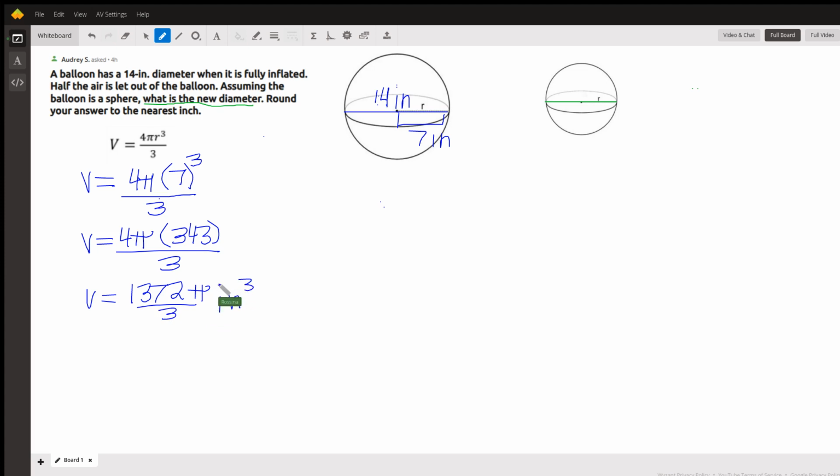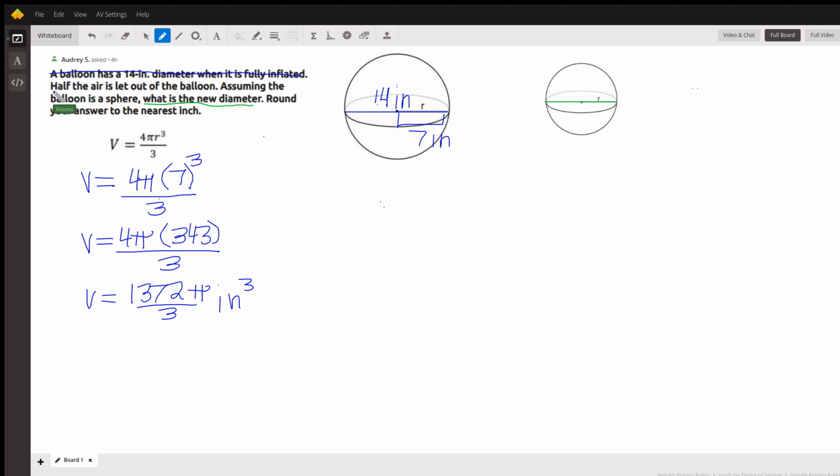That's how much space this balloon is originally going to be taking up. Now, let's go with what's next. We've pretty much used the information we could from the beginning. We used that diameter to get the radius 7 to figure out its volume.